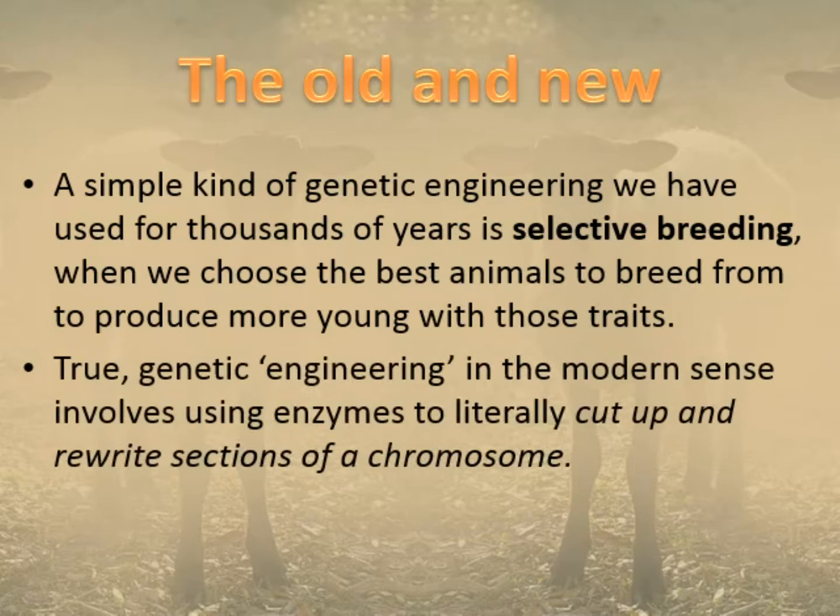But nowadays, genetic engineering, in the true sense of the word engineering, uses enzymes to literally cut up and rewrite sections of genetic code. So you literally cut the chromosome at a certain point and insert a section of DNA.